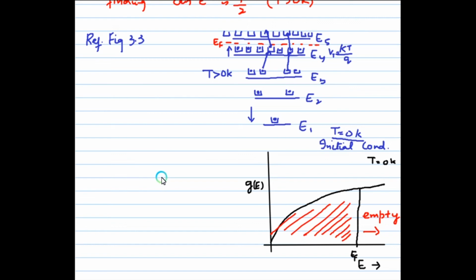Fine. So this completes the definition of the Fermi energy. Now the second most important thing is, because in the crystals we're not only dealing with the electrons, but we are also dealing with the holes, which are equally important.